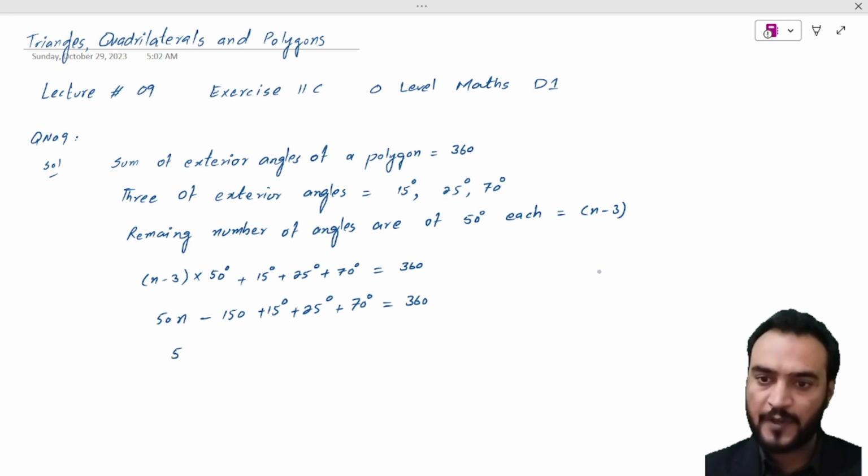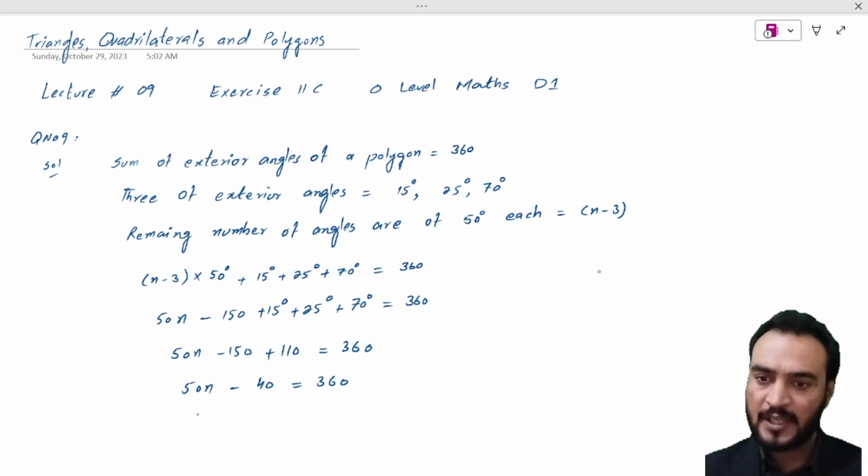So the 50n as it is, minus 150, plus this sum 15 plus 25 plus 70, which is 110, is equal to 360. Subtracting 110 from 150, we get 50n minus 40 equals 360.